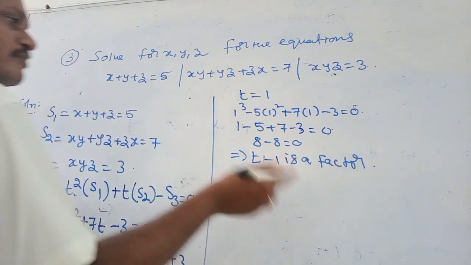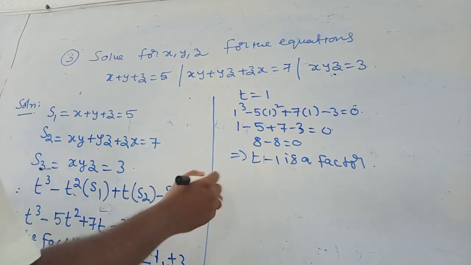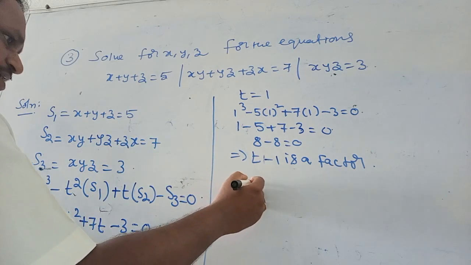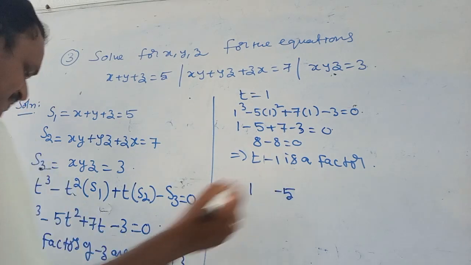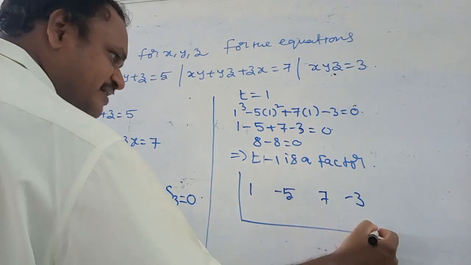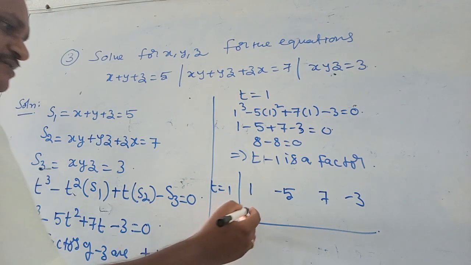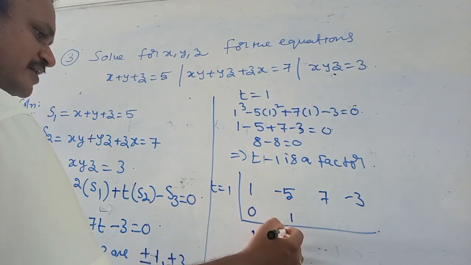Now by dividing this by t minus 1, using Horner's method of synthetic division, we will get the remaining equation. We write the coefficients of t cube: 1, minus 5, 7, and minus 3, my dear students. Now you divide by t equal to 1. As usual, 1 into 1 is 1.